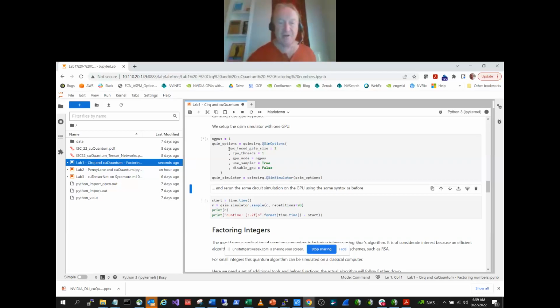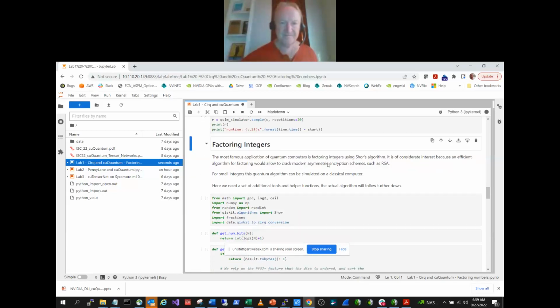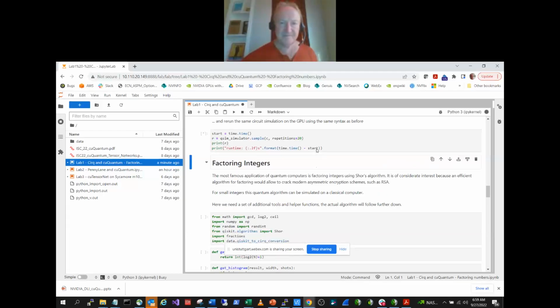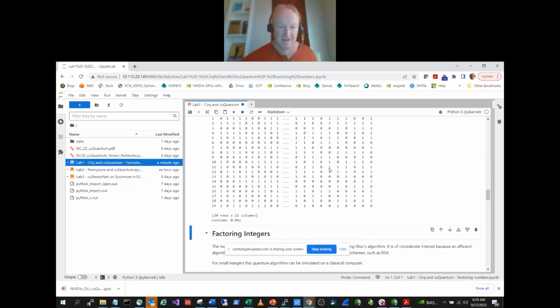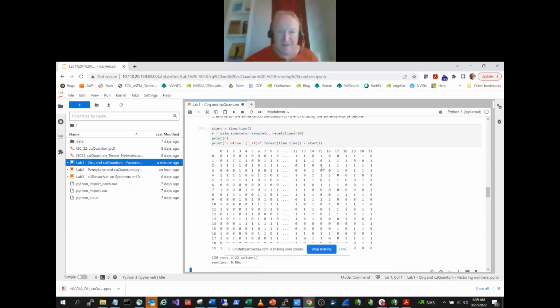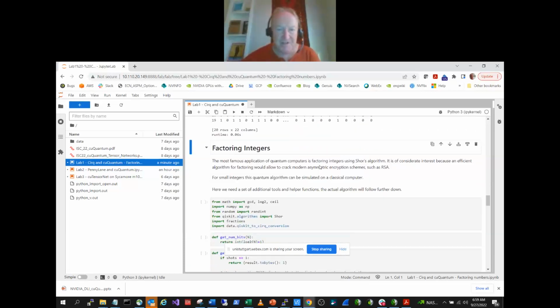So that's as far as integrating the cuQuantum library. It's that simple, really. You just turn on the GPU support with this structure and your QSIM options. And so we're crunching that now. Okay, runtime is 6 seconds, and that's our quantum Fourier transform representation.